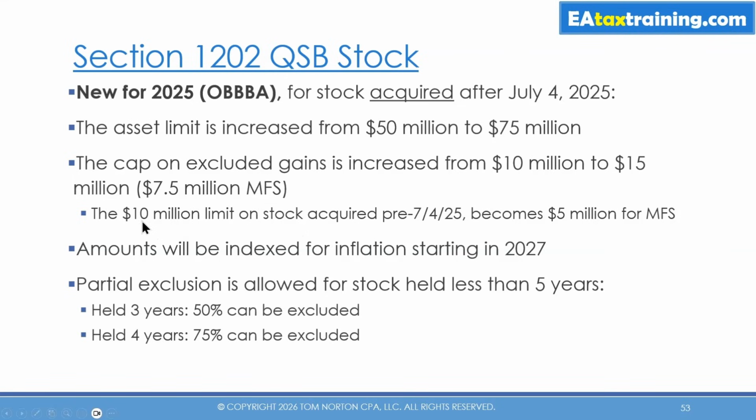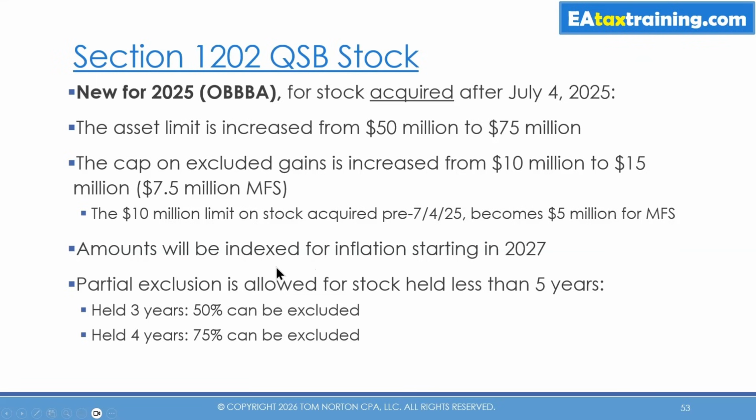It used to be you got that $10 million whether you were married filing jointly or married filing separately. But OBBBA changed that to $5 million if you are married filing separately. It's $10 million still for everyone else. Also, these amounts will be indexed for inflation starting in 2027. Used to be they were not indexed for inflation.